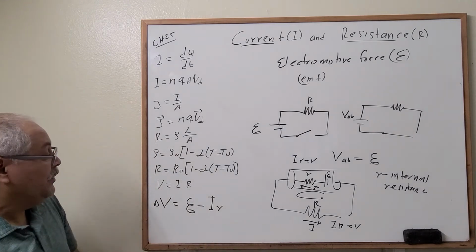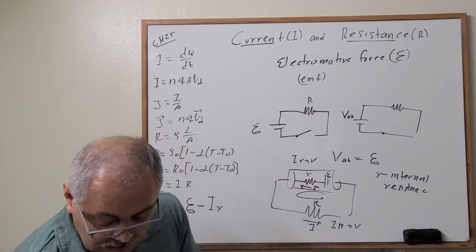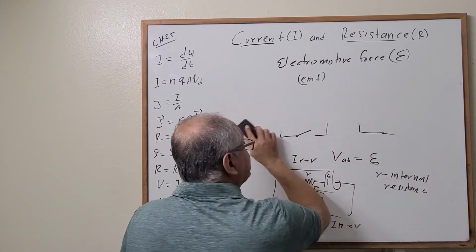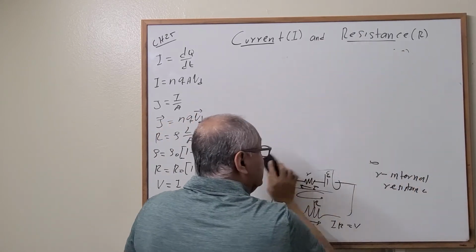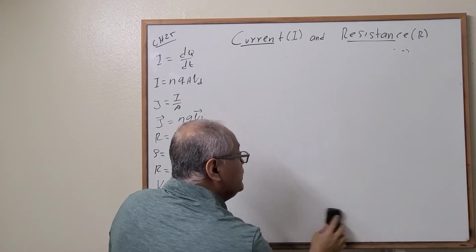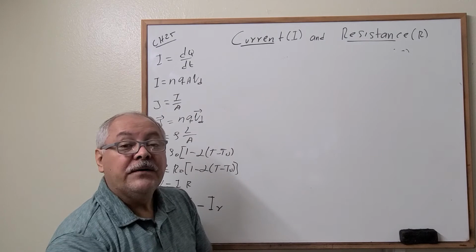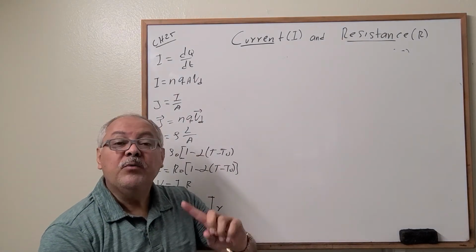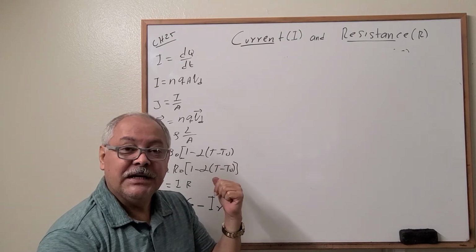Okay, perfect. Now when we're dealing with batteries, we can arrange the batteries in two ways too: in series and in parallel, in the same way we did with the capacitors in the previous chapters.